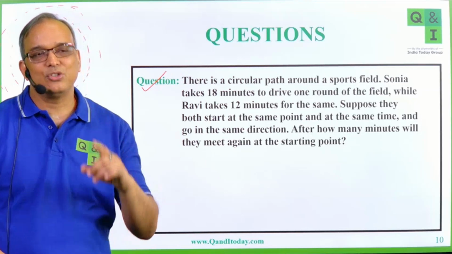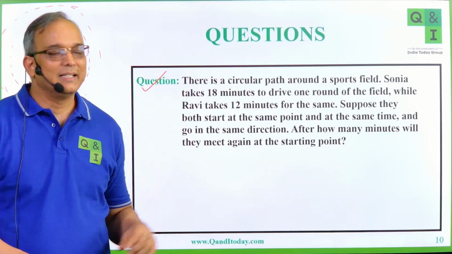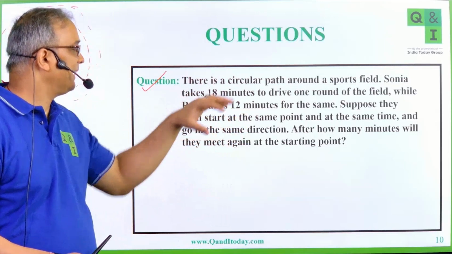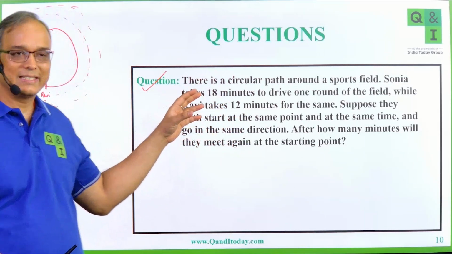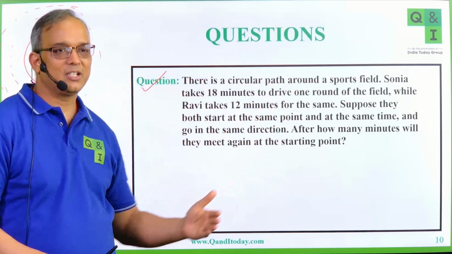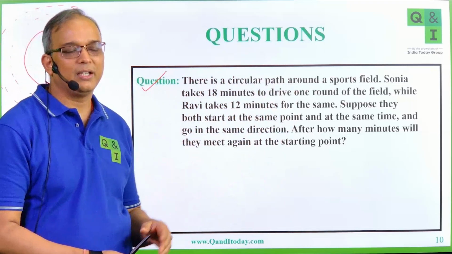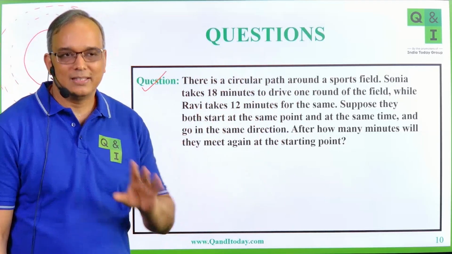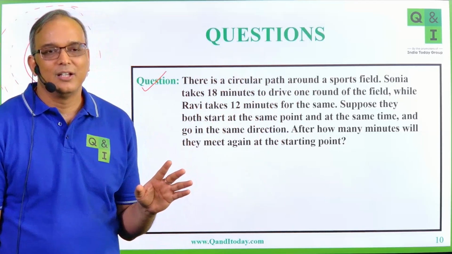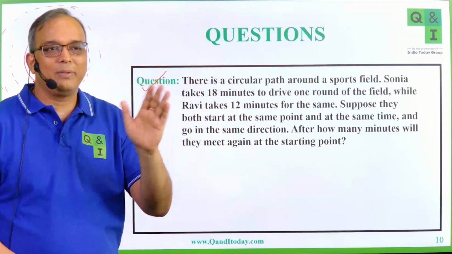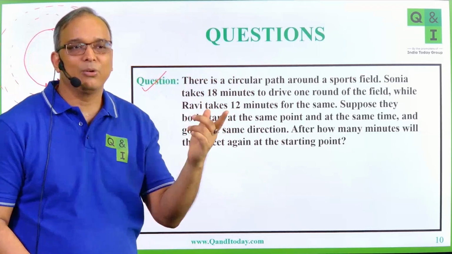Now the time you are going to calculate: if Ravi takes 12 minutes and Sonia takes 18 minutes, then the time at which they'll meet again at the starting point will be more than both 12 minutes and 18 minutes. This is clear? So a number which is greater than 12 and 18 cannot be a factor. It will be a multiple only.